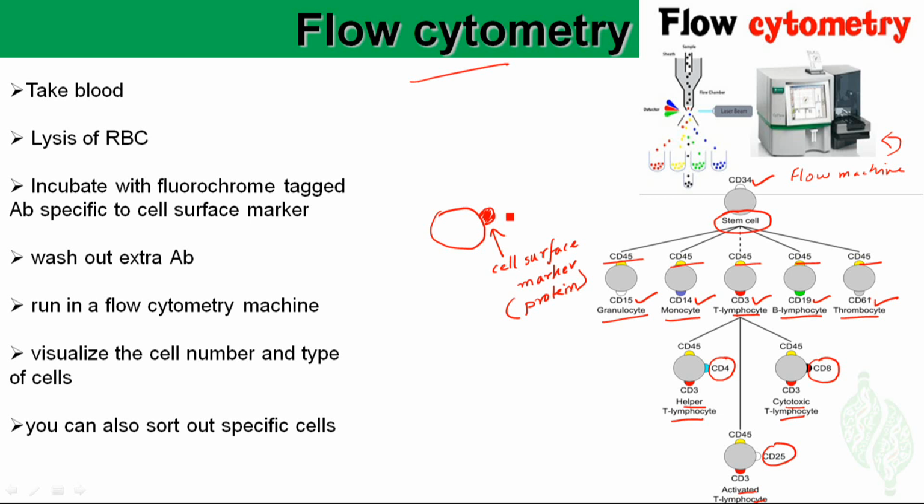So we have a specific marker on the cell surface, and in flow cytometry a specific type of monoclonal antibody is used that is specific for this cell surface protein, and that monoclonal antibody is always tagged with a specific fluorochrome, and fluorochromes have different colors, like blue, red or any color.